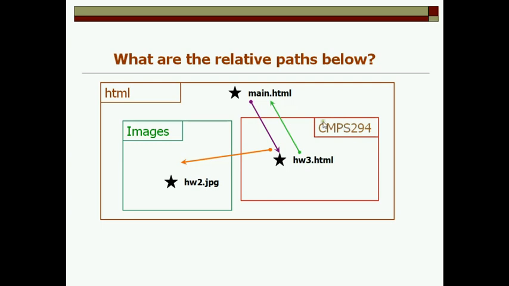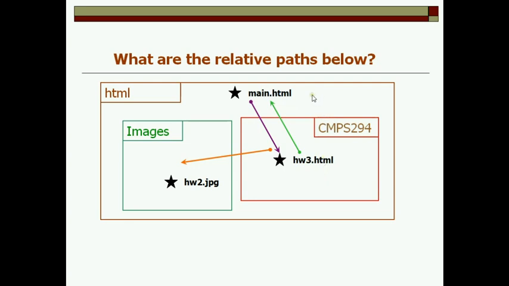Now assume that this directory contains a file called homework3.html, and this directory contains a file called homework2.jpg. So this one here is obviously an image file. It contains a picture, should be a binary file. This one is an HTML file. It's going to be a text file containing HTML to be rendered.